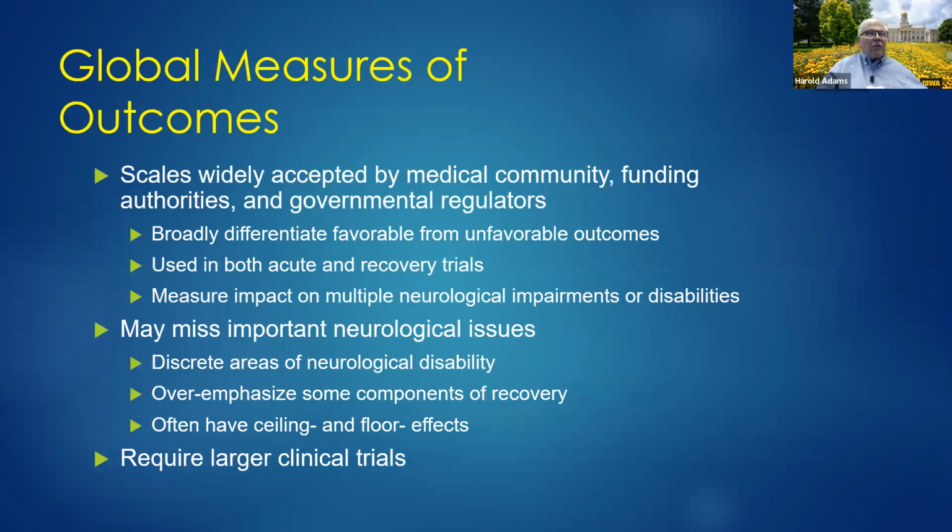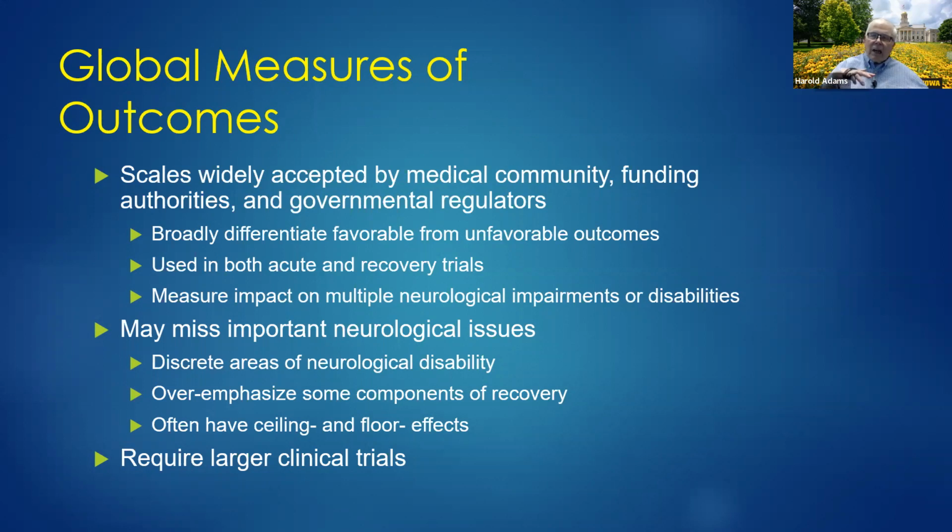Now, on the other hand, after we have numerical scales, we have global measures of outcome. These are widely accepted in the medical community, funding authorities, and governmental bodies. Basically, what we're doing here is differentiating good outcomes from bad outcomes.